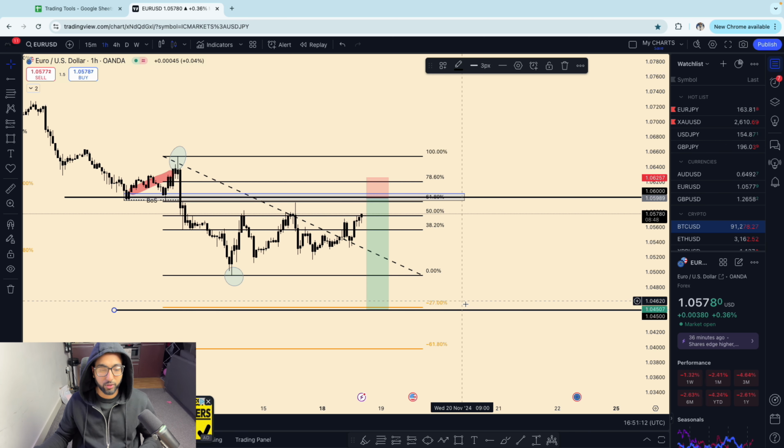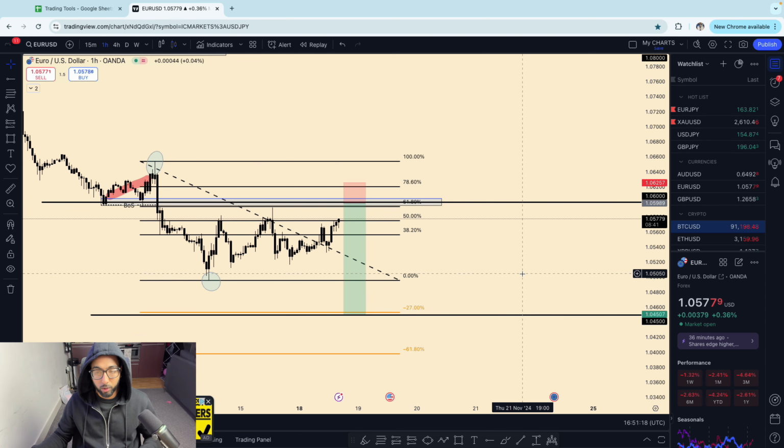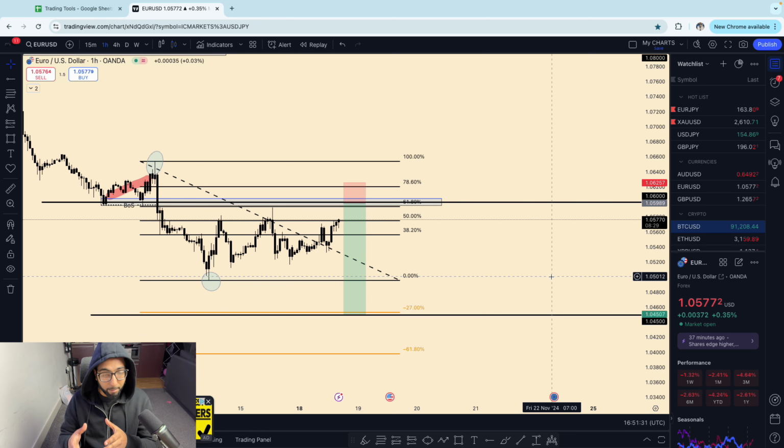A round psychological level at a TP, another round psychological level at TP2, 1.04. What we know about trading is when price goes from 1.06, it's definitely going to go to 1.05, and it's definitely going to go to 1.04. So amazing. Every psychological number lines up with our Fibonacci levels.